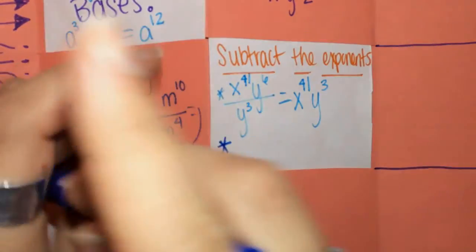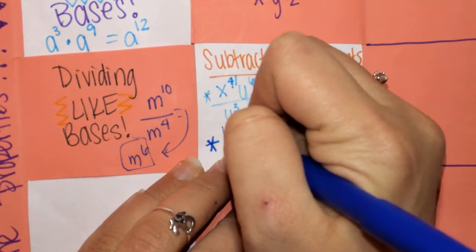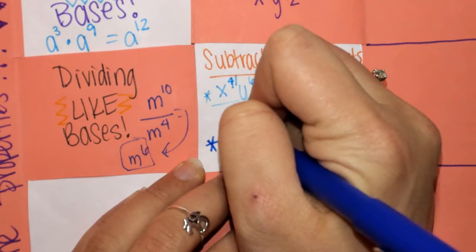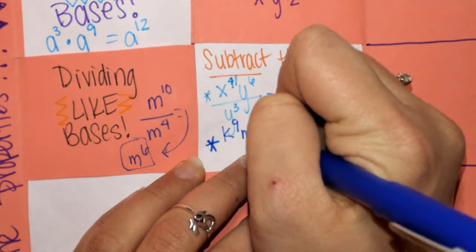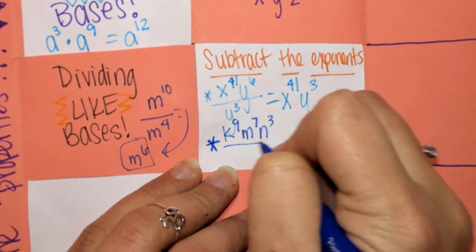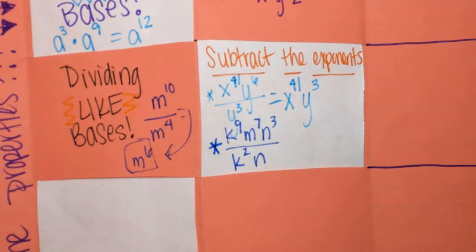Let's say, what have I not used lately? I'm going to use k. K to the 9th, m to the 7th, n cubed, divided by k squared n.